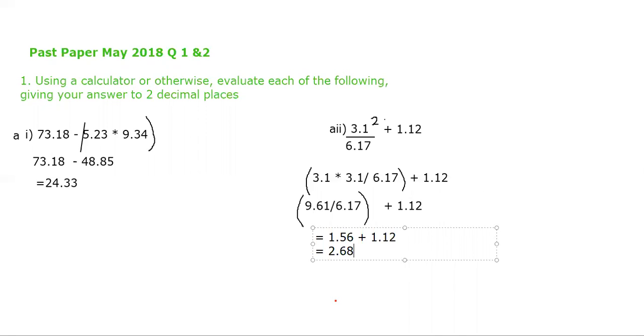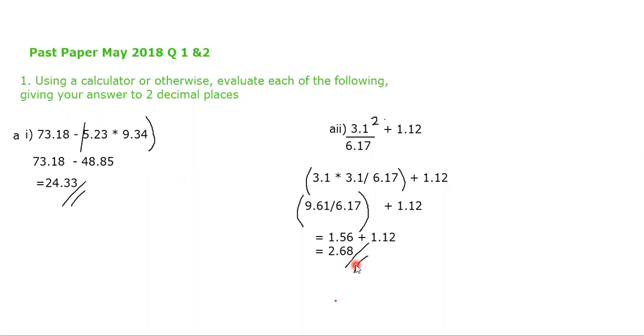Good. So this, let me put it there. I always like to do this to signify that it's the end, right? So that is the answer. So let me use my spotlight here. This would be the answer, 2.68. And of course, you know that is to 2 decimal places.